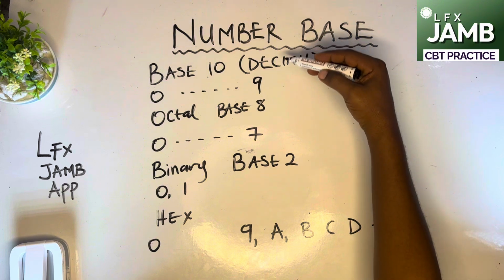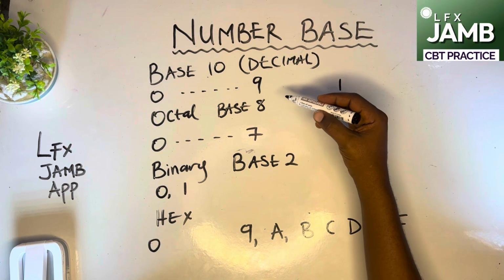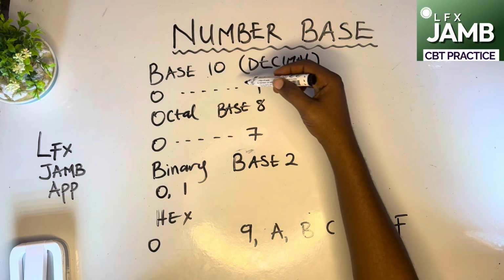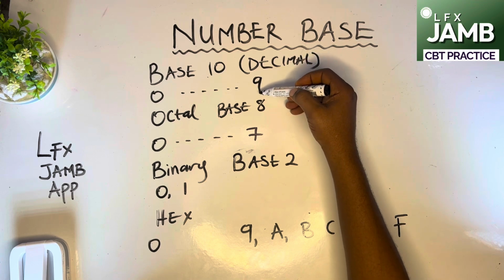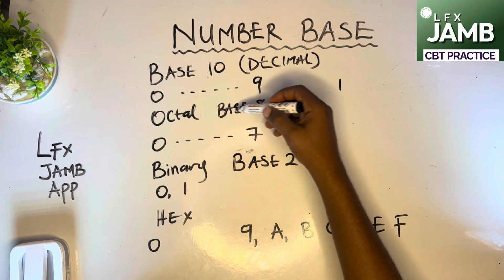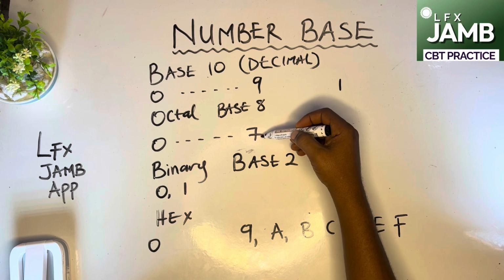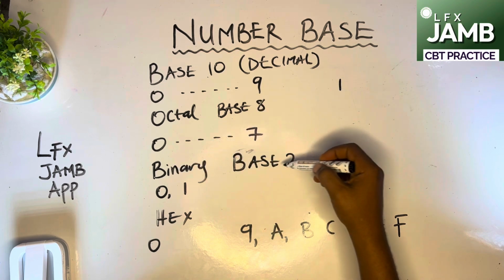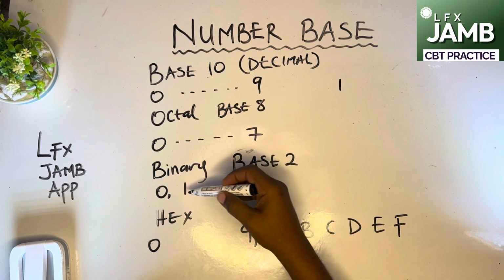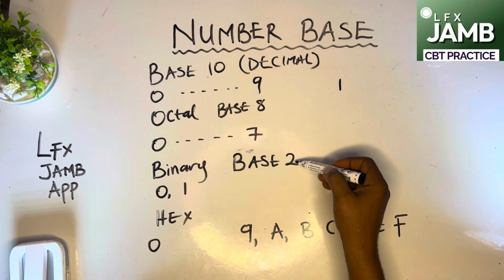If you notice through this rundown, a base 10 number ends with a number 1 lower than 10. A base 8 number ends with a number 1 lower than 8. A base 2 number ends with a number 1 lower than 2.